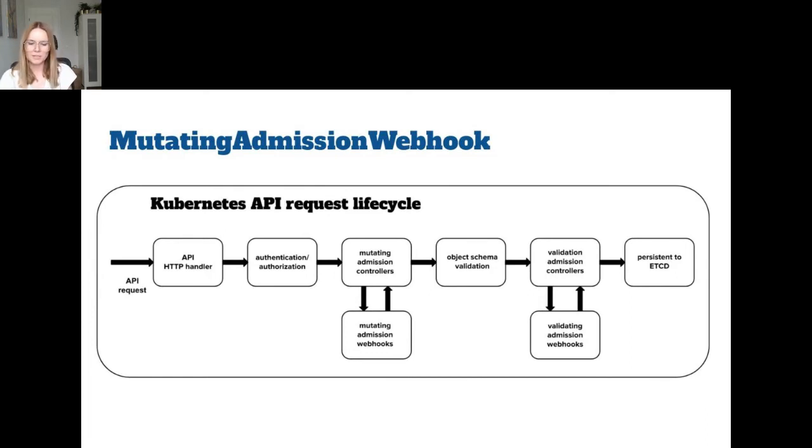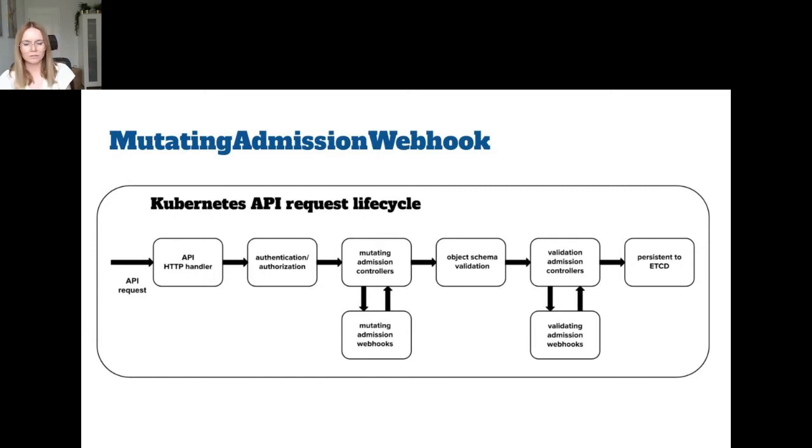But there are two special controllers that can be configured in Kubernetes API, and it is mutating admission webhook and validation admission webhook. You can see blocks for these webhooks on the diagram. It is in third block and fifth block. Admission controllers may be validating, mutating, or both.